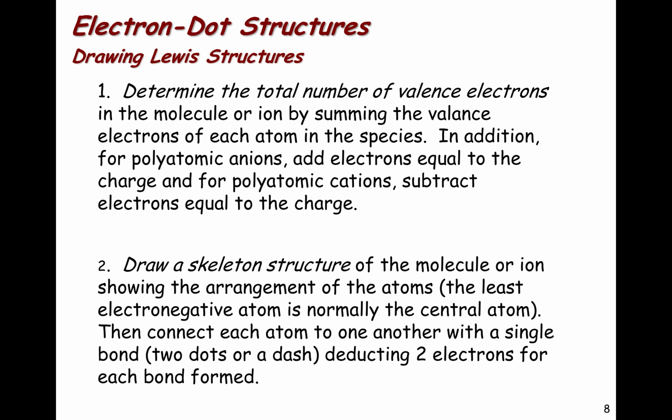The crucial thing is to know something about how these atoms are connected. And in this case, usually when you write the formula, the central atom is the least electronegative atom, and then the more electronegative atoms are referred to as terminal. They are on the ends.